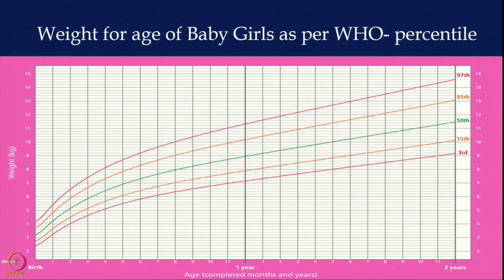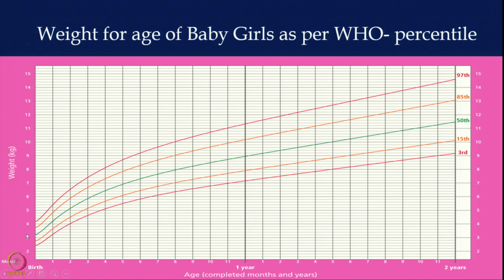Now this is the weight for age chart. I have explained this chart in detail in the coming tutorial. So you will learn in detail what this chart is, what is on the horizontal line over here, and what is on the vertical line.